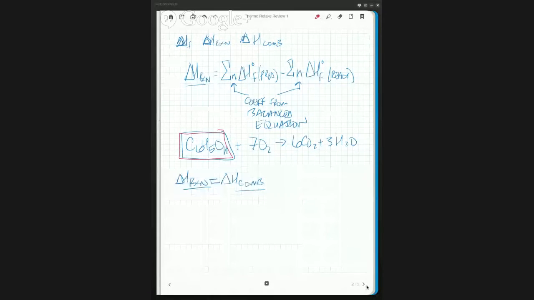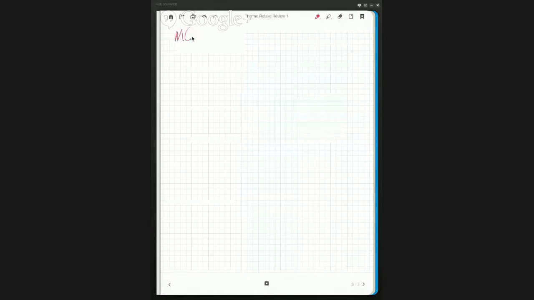All right, so I'm going to scoot over to another problem. We're going to say multiple choice number 5. And I'm going to go to blue. Actually, I like the dark blue. Okay, so we've got N2 plus O2 yields 2NO.